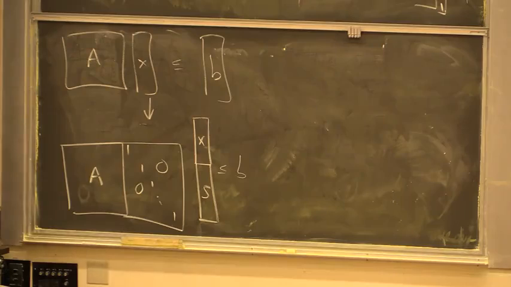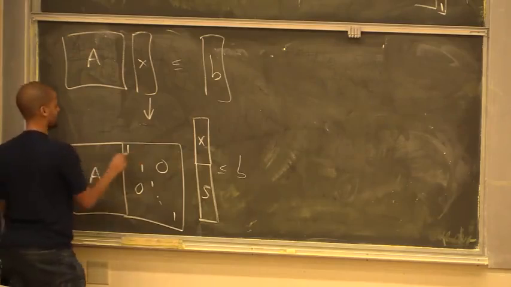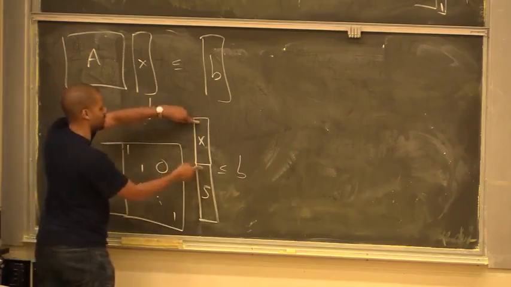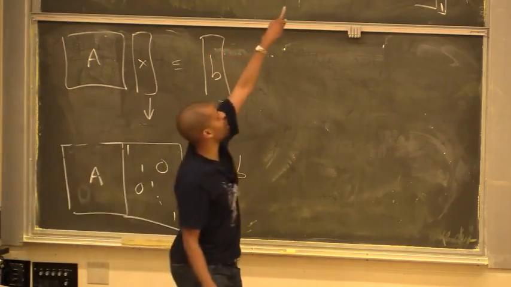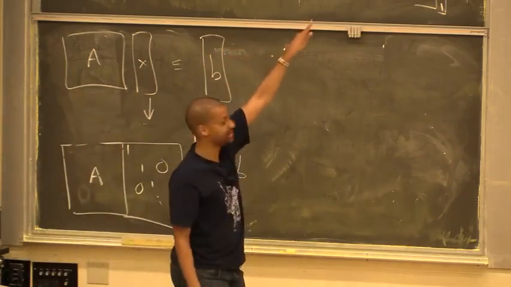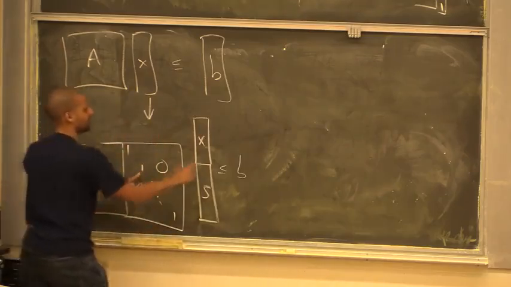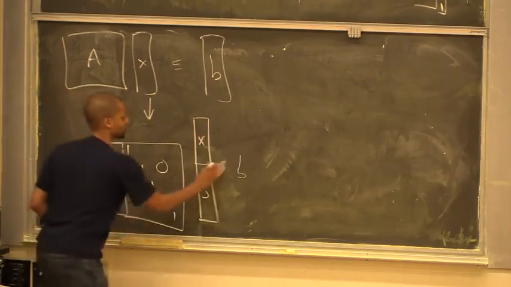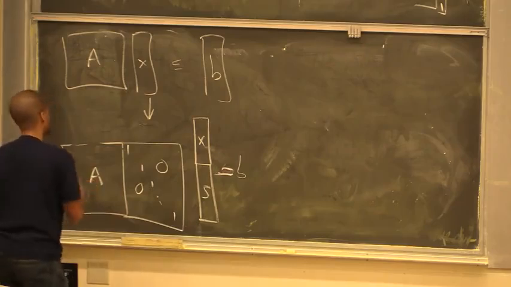Does this make sense? What does this mean? So the first dot product is going to be the first row of A dotted with x as usual plus s_1, right? So A x_1 plus s_1 is equal to b_1. And similarly, A x_2 plus s_2 is equal to b_2.